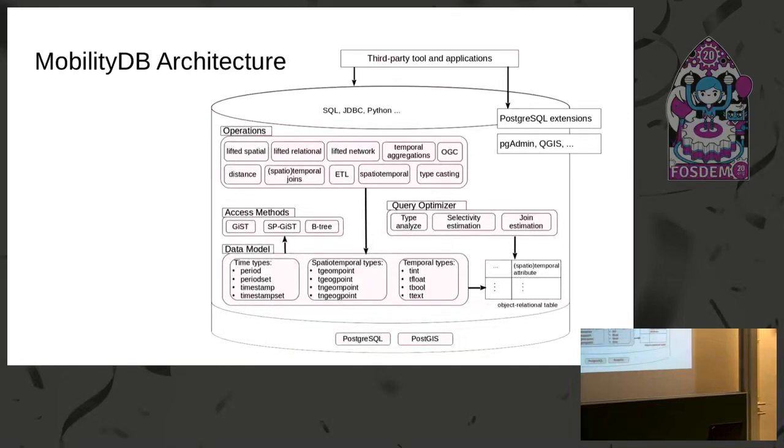If you want to include the time, then you use the lifted operations. We call them lifted because they lift the static operations with time. So you can do arithmetic on temporal numbers, can do binary operations on temporal booleans, can do distance and topology operations on temporal points, and so on.